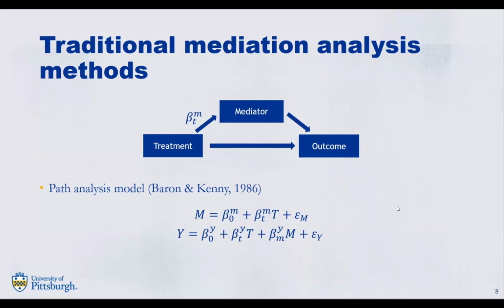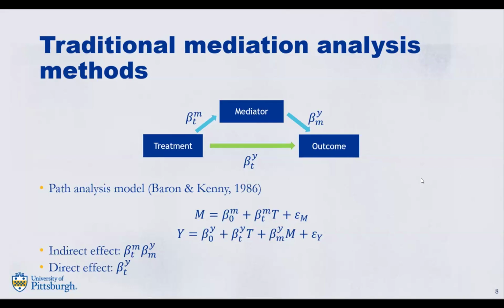And the coefficient of the treatment in the outcome model represents the path from the treatment to the outcome, and the coefficient of M in the outcome model represents the path from the mediator to the outcome. So that the indirect effect is defined as a product of the path from the treatment to the mediator and the path from the mediator to the outcome. And the direct effect is defined as the path from the treatment to the outcome.